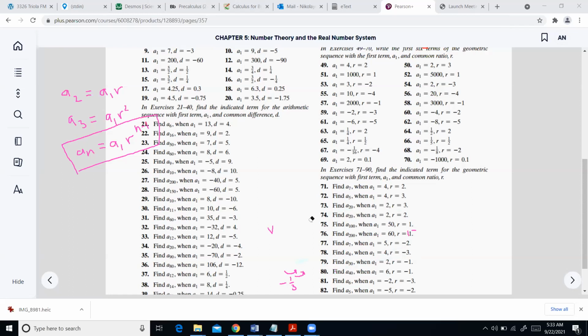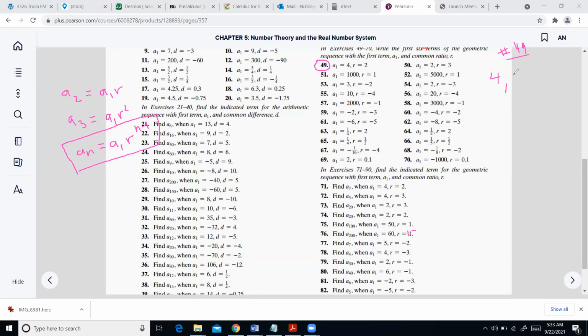So let me try the first exercise, like 49. Let me do the first 6 terms right off for problem 49. Okay, I'm going to be taking the first term, which is 4, and then I multiply it by 2.